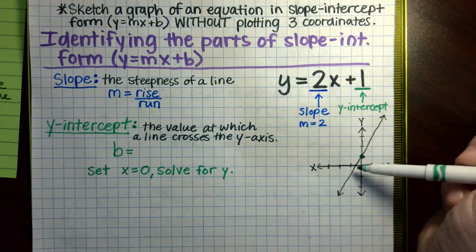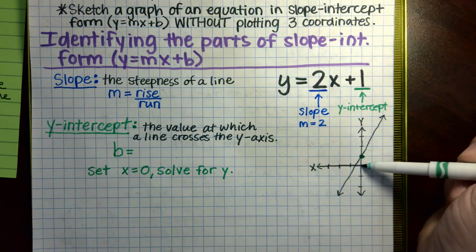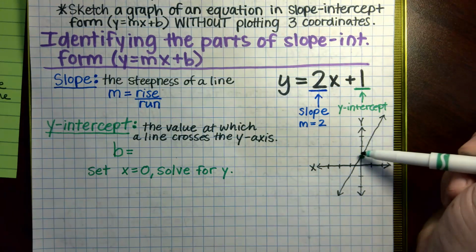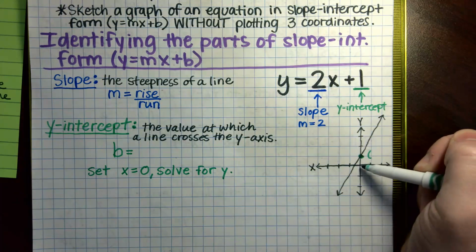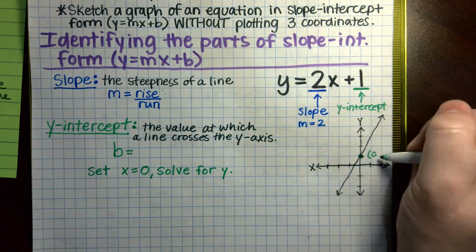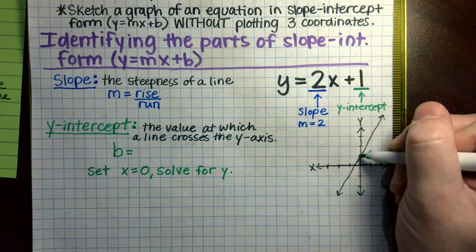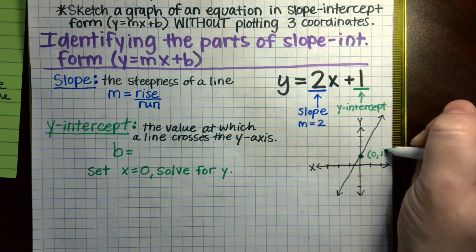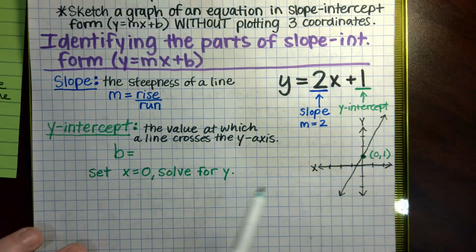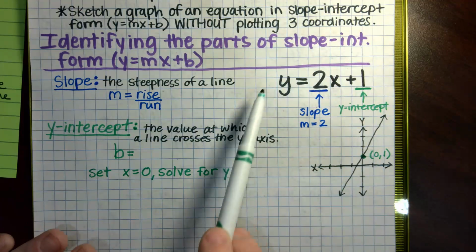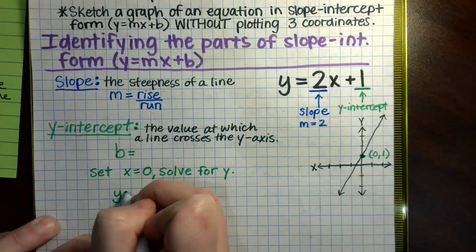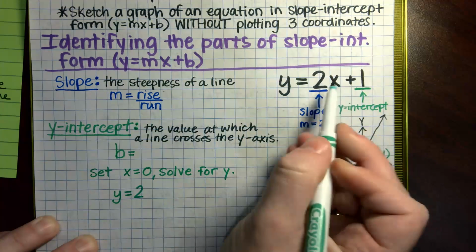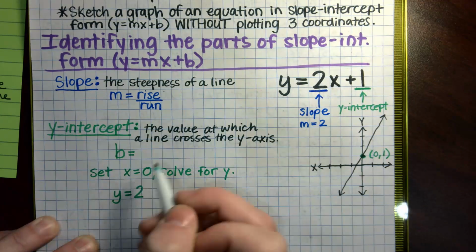As you can see on the graph, the point that we would have just plotted is, we went over 0 for x, so x is 0. We went up 1 for y, so y is 1. If we were to solve for this in our equation, we would have y equals 2x plus 1, and we put x equals 0.